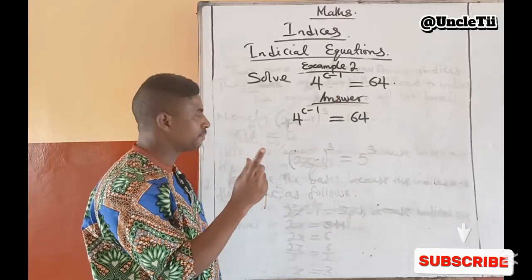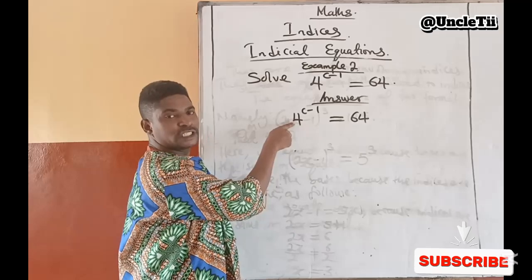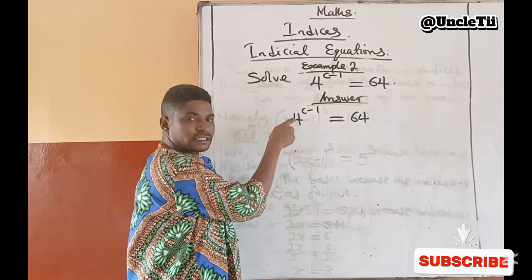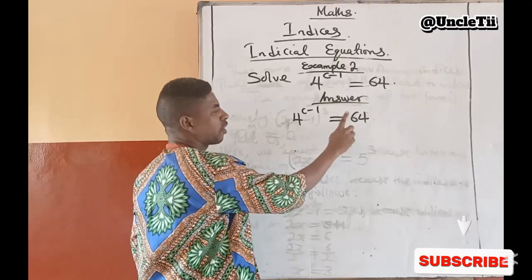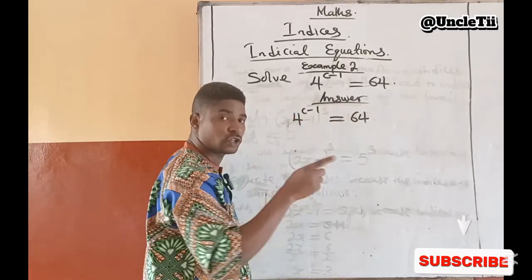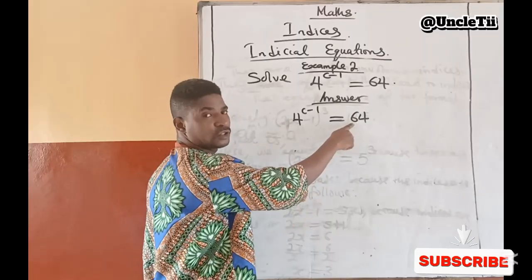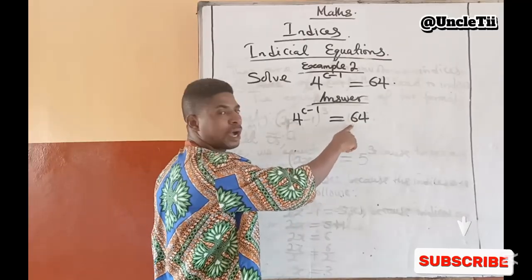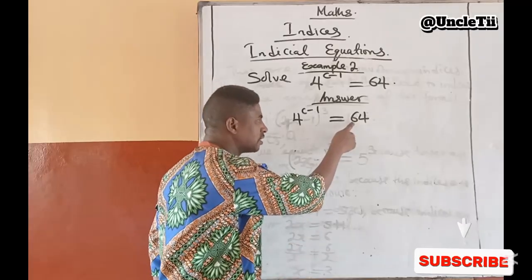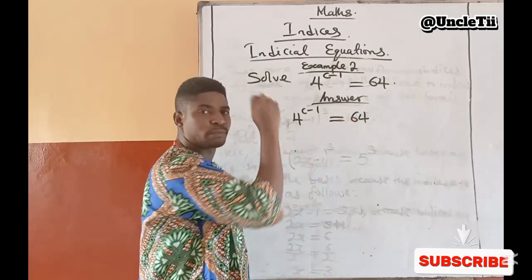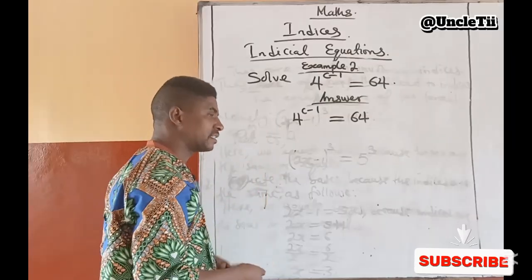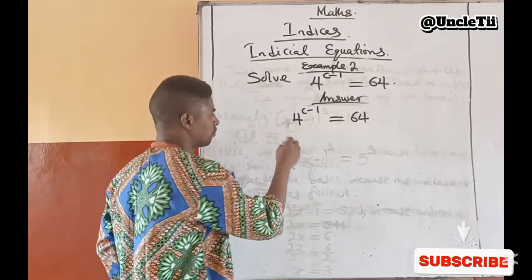That's a mathematical character, but it does not agree with the principle of indicial equations because here the base is 4. We are going to make 64 a mathematical term whose base is also 4. That is why we are not using 8 raised to power 2. What then can we use? We can use 4 raised to power 3 because 64 is a perfect cube.